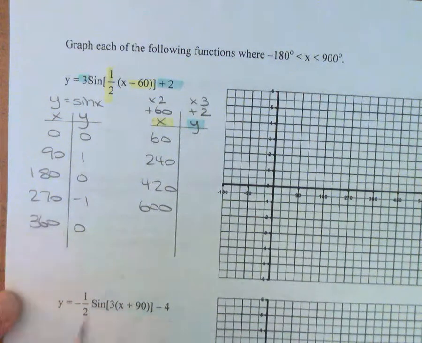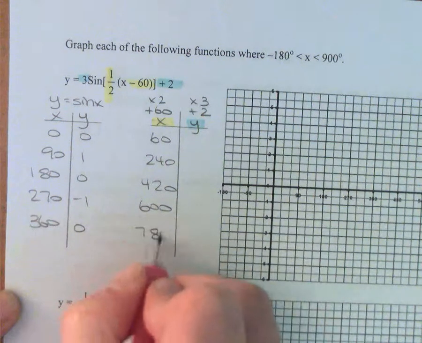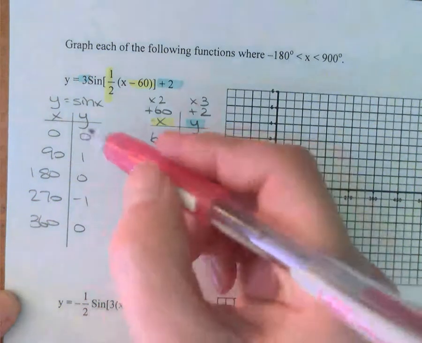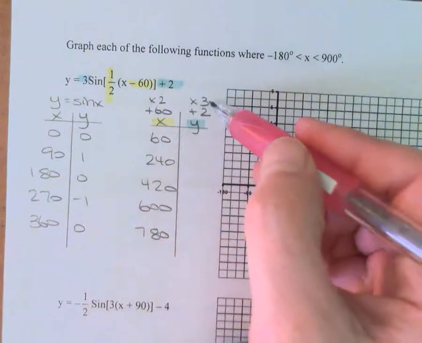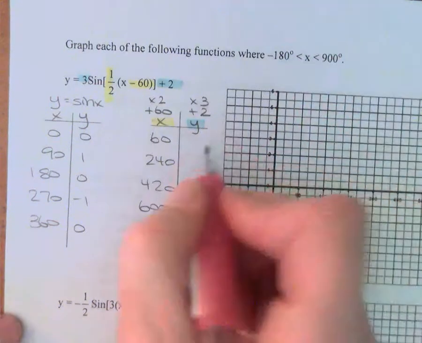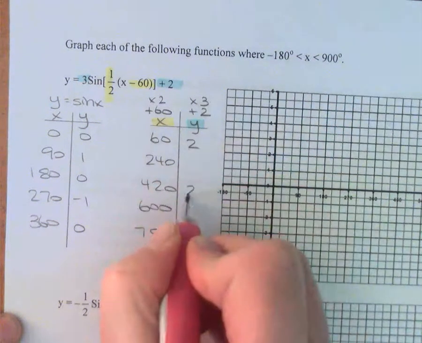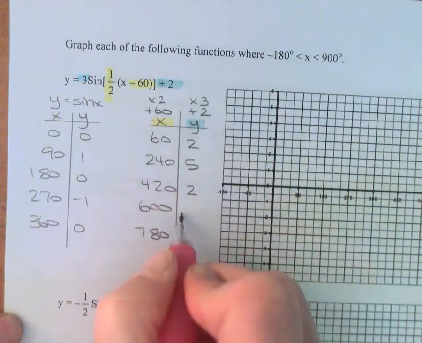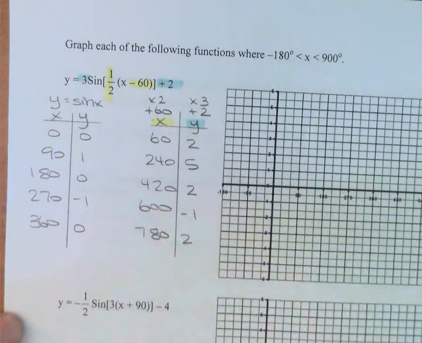And this one, I'm going to get 780. And now I'm going to do my y values. I'm going to multiply them by 3 and add 2. So this one will be 2, this will be 2, this will be 2, this will be 5, and this will stay at minus 1.